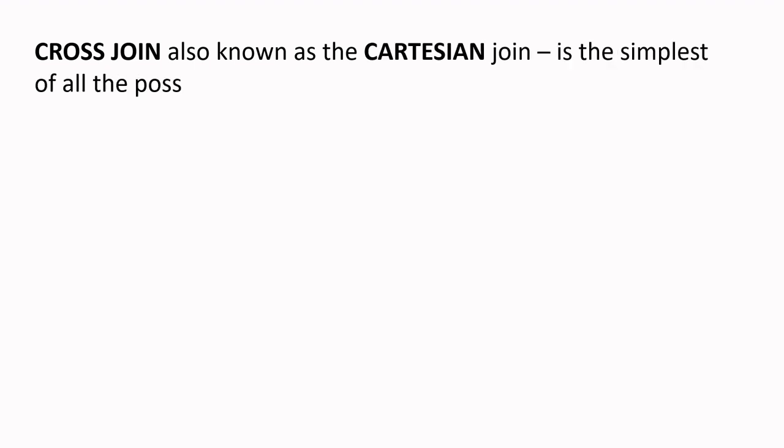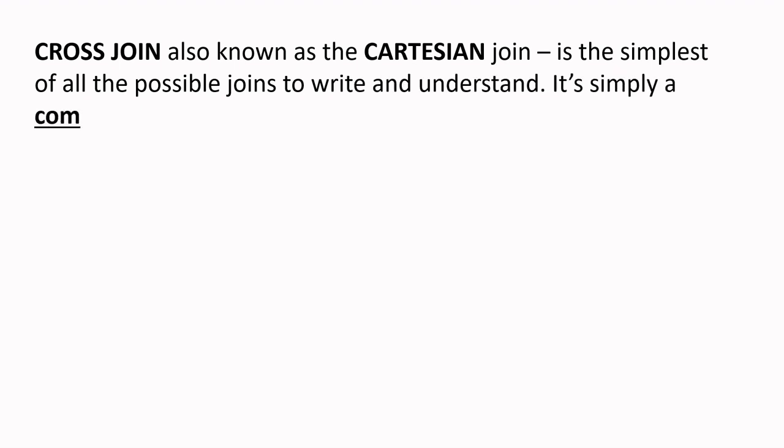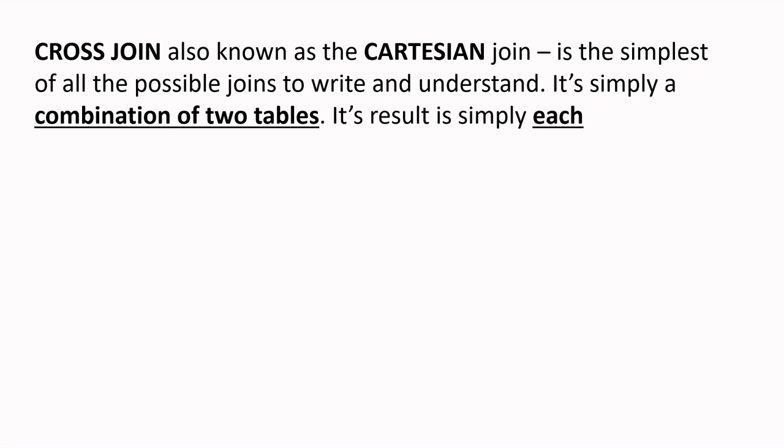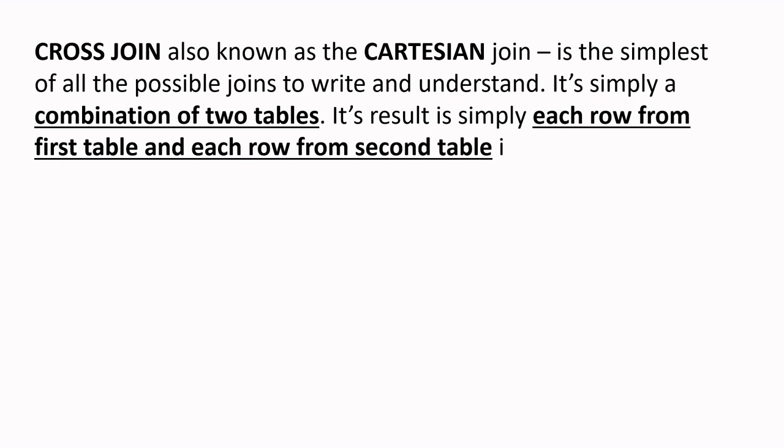Cross join, also known as the Cartesian join, is the simplest of all the possible joins to write and understand. It's simply a combination of two tables. Its result is simply each row from the first table combined with each row from the second table.